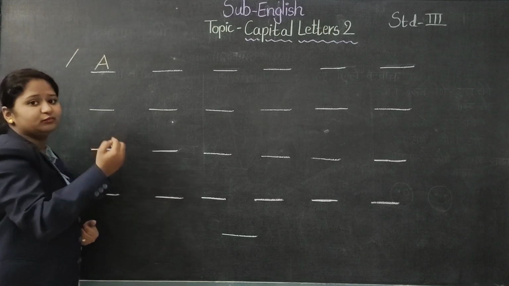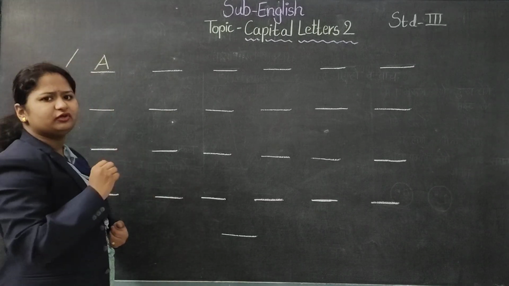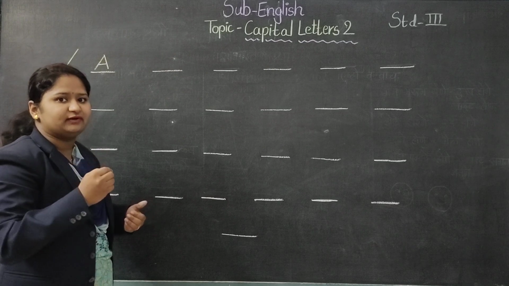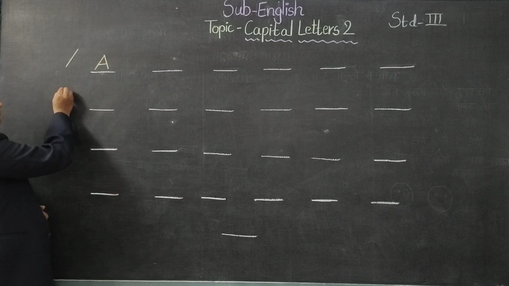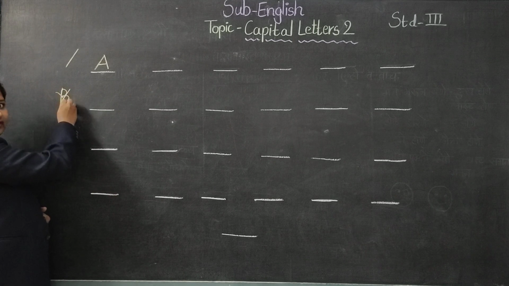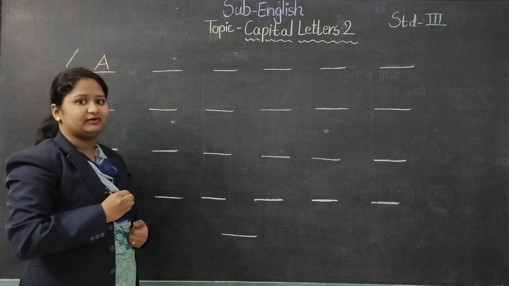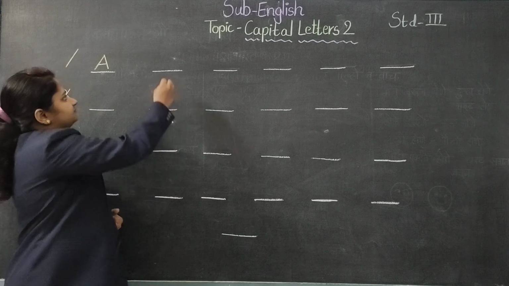Okay, now we will move forward to the letter B. How is it written? Some of you maybe have the style of writing like this. You can see here, but this is a wrong way. We will see the right way of writing B in a proper order, in proper sequence.